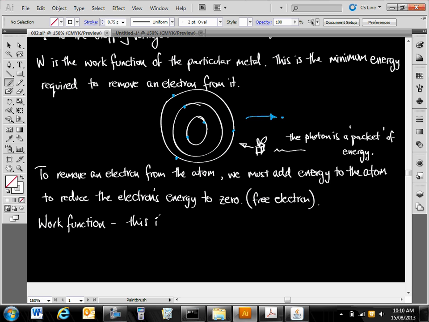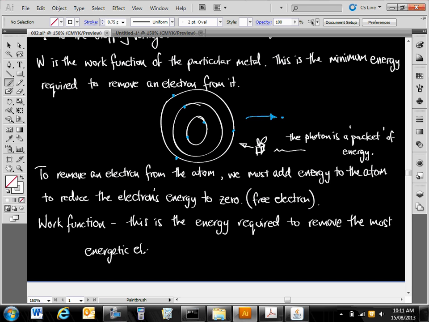This is the energy required to remove the most energetic electrons from an atom or a metal.